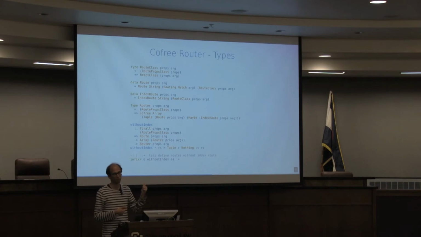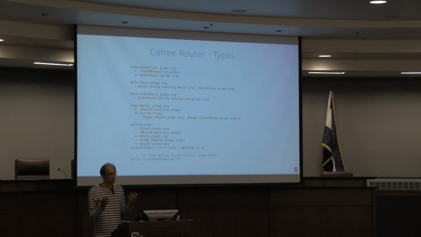In React, classes get properties, and they're sort of like functions from those properties to UI. Well, they can hold a state, but that's not important for this talk at all.